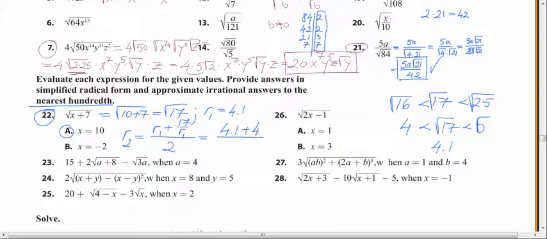I will use the hundredths, 4.14, and I will divide this by 2. Plus 4.1 divided by 2. I'm getting 4.12, right?